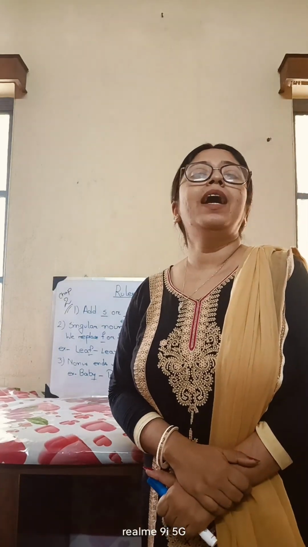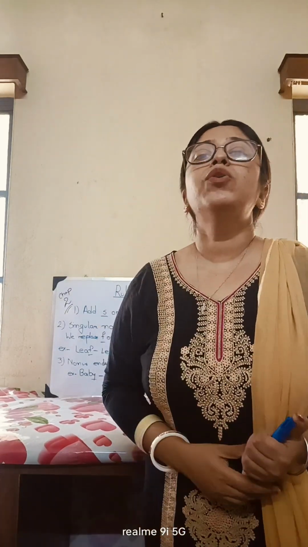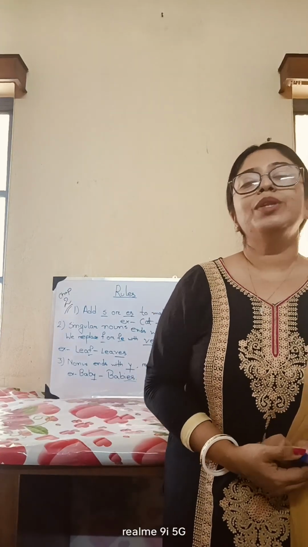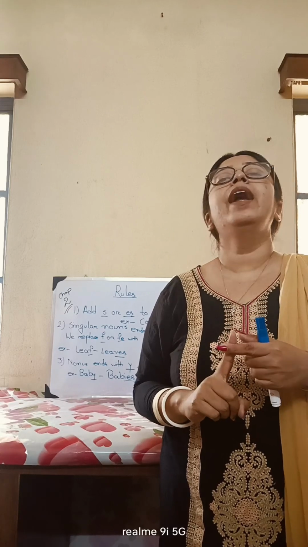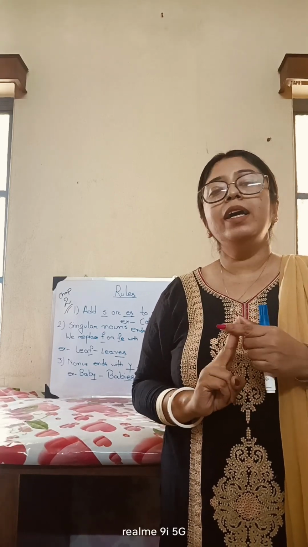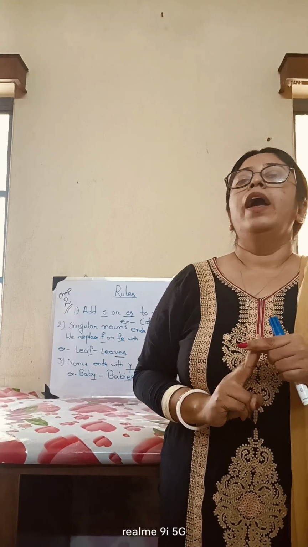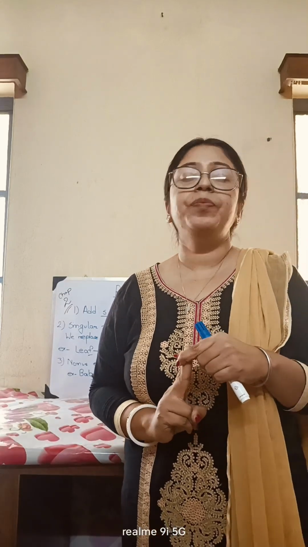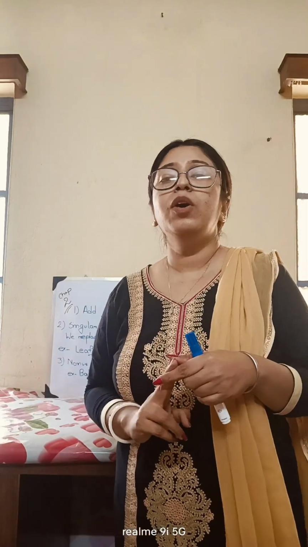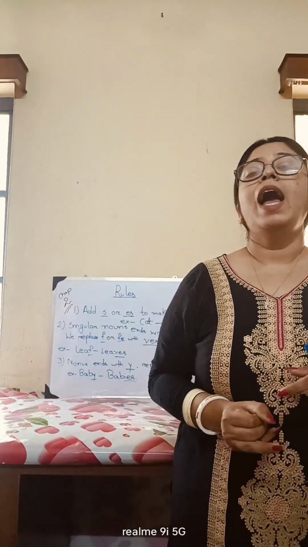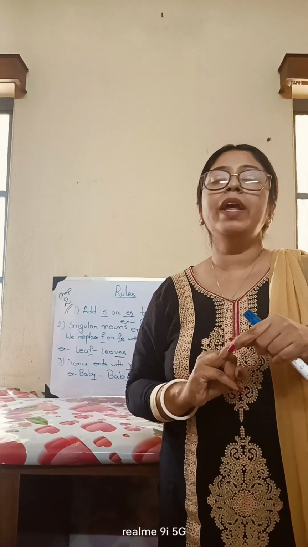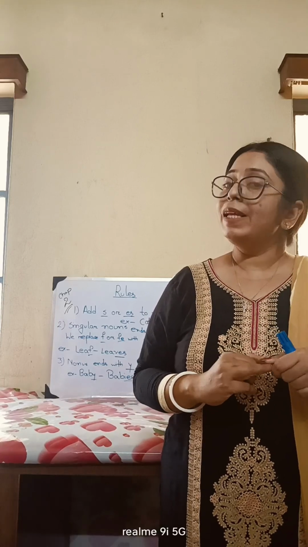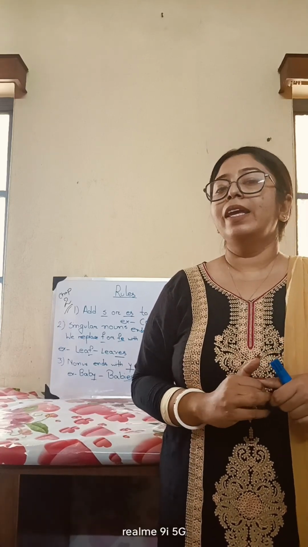So we learned 3 rules to make the singular noun plural. Number 1, add s or es. Number 2, if the word ends with F or FE, replace it with VES. Number 3, if the singular noun ends with Y, replace the Y with IES.